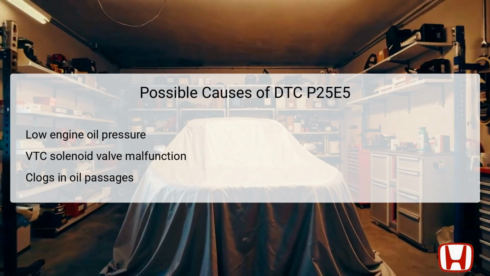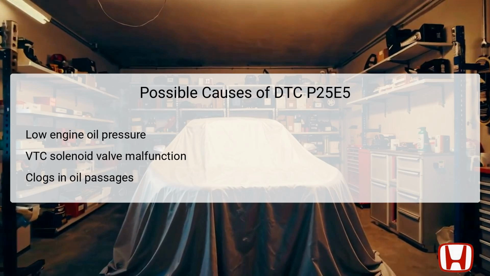Firstly, a low engine oil pressure condition can significantly affect the VTC system's operation. Insufficient oil pressure can hamper the movement of the solenoids that control the timing of the camshaft, resulting in errors. Secondly, a malfunction in the VTC solenoid valve B may directly impact its ability to manage the camshaft's timing effectively.